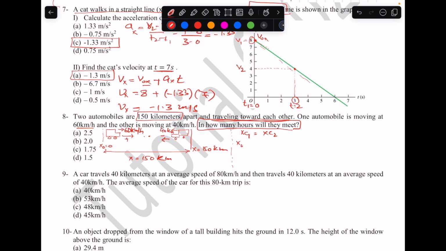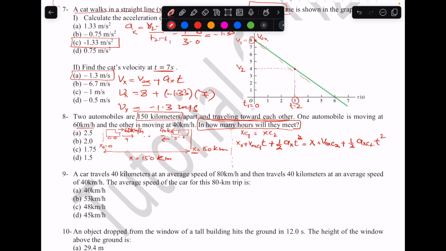The x equation is x naught plus v naught of x C1 times t plus 1/2 ax t squared, and then we have x, the starting point, which is 150 kilometers apart, plus v naught of x C2 t plus 1/2 ax C2 t squared. This is t squared as well.